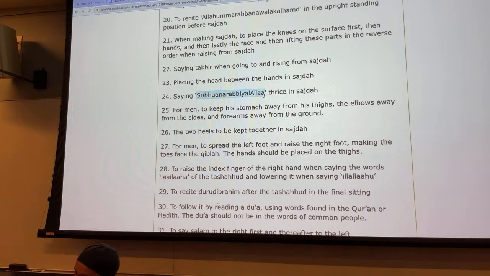So you're literally in prostration at a physically low point, but it's not degrading. It's a position of honor, but you're physically where you could be at your lowest, and you're calling upon God as being the Most High. Do you see the correlation between these two things? So in the prostration, glory be to my Lord, the Most High.